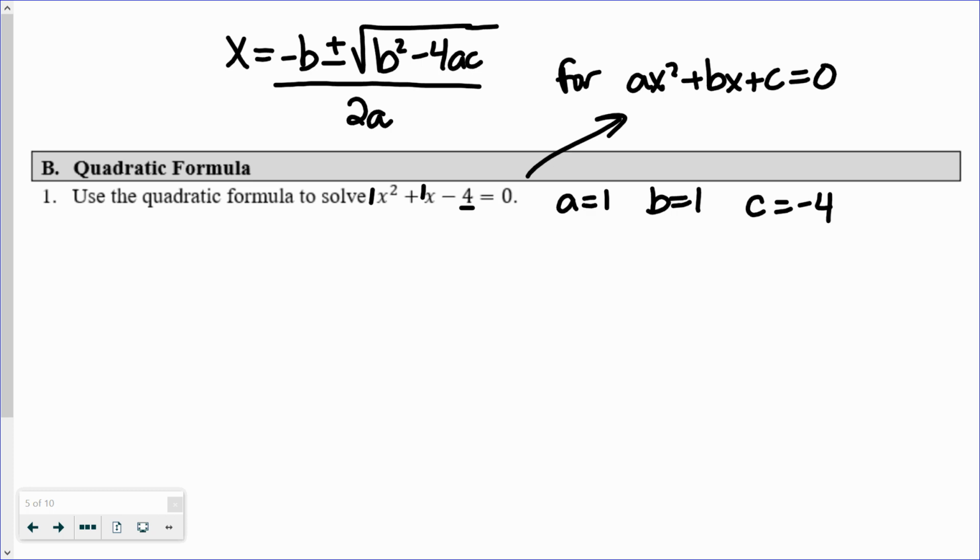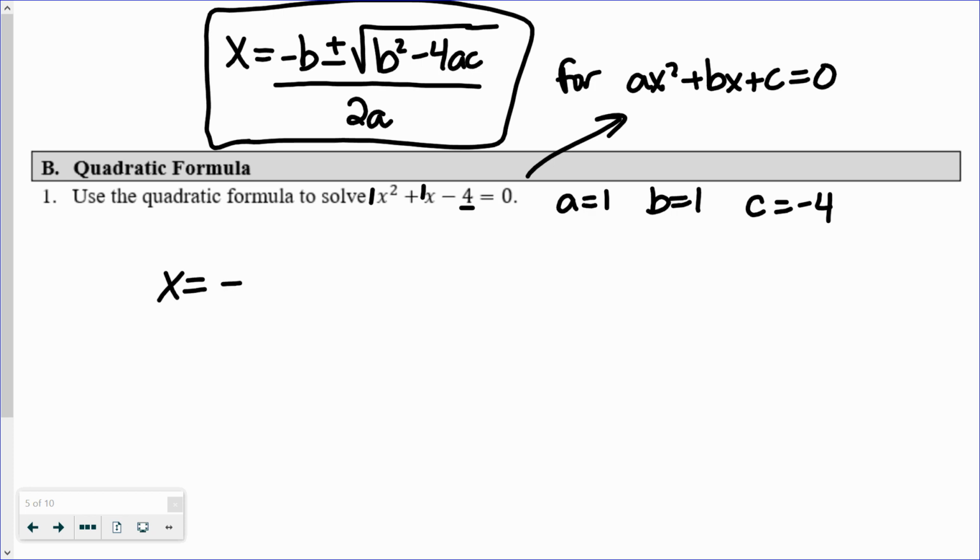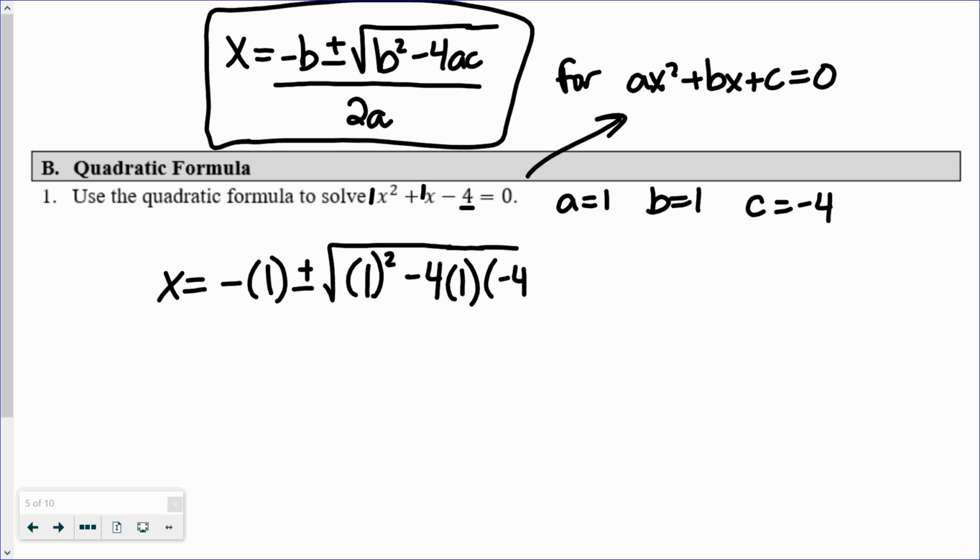So all it is now is plugging a, b, and c into this big beefy guy up here. So x equals -b, so -1 plus or minus the square root of 1 squared minus 4 times a times c, so a is equal to 1, c is equal to -4, divided by 2 times a.